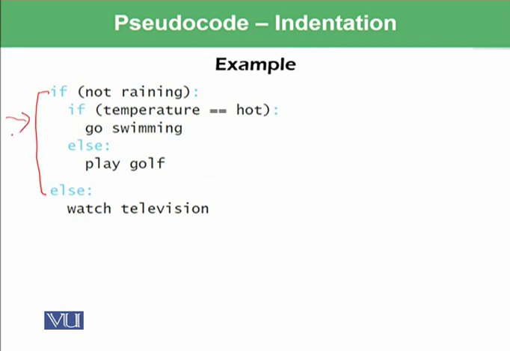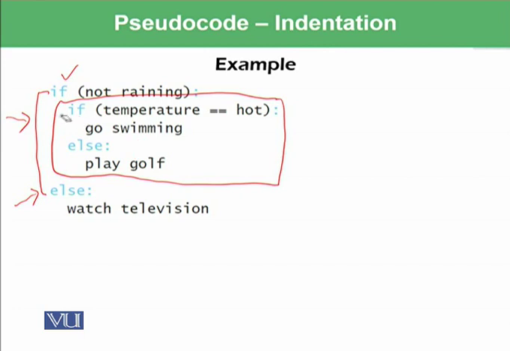If this if is correct, then you go over here. However, if this if is incorrect, then you go over here. If the first if is false, you do not execute these statements, which means these statements are indented with a little more space. This is the meaning of indentation.